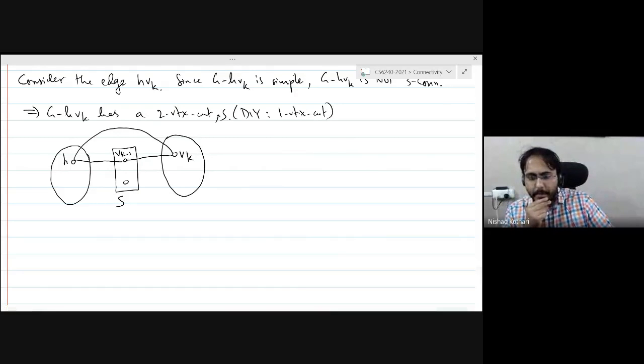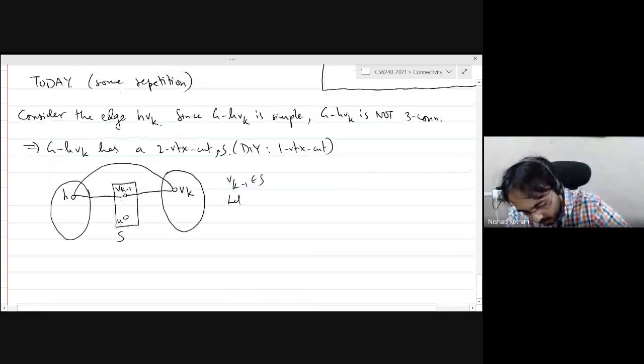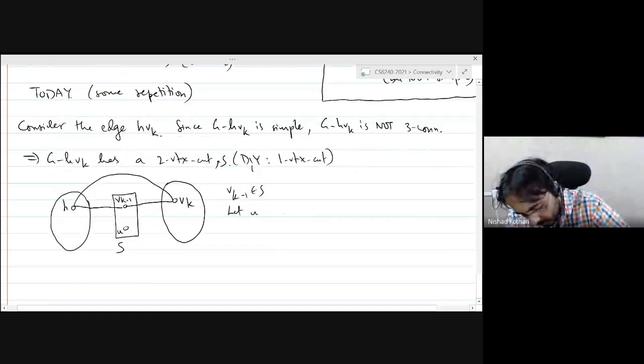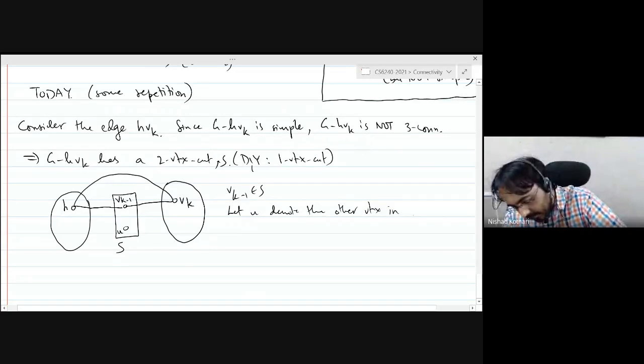There is another vertex here. Let us call this dude U. So VK minus 1 belongs to S, and let U denote the other vertex in S.